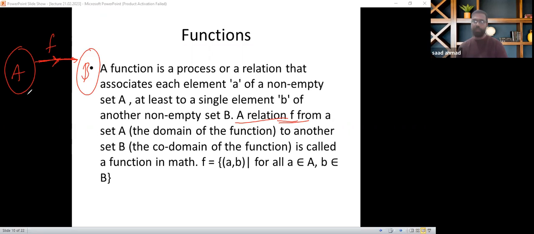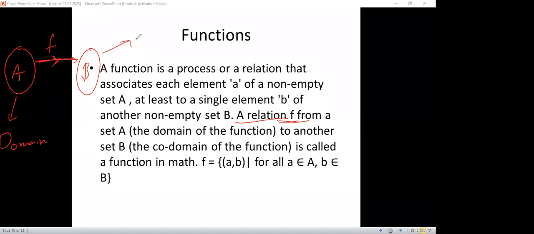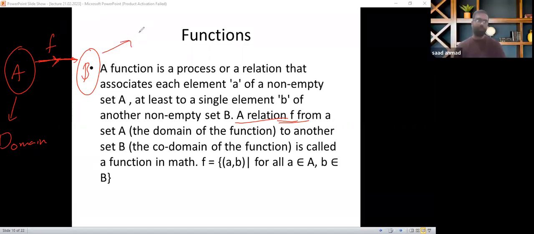The set A, from where we are taking the inputs, is the domain. And the set of outputs, people use different names for it. They can sometimes call it codomain, they can call it range, or they can also use the word image. So these are all the words for the range: range, codomain, and image. This is the set for outputs.